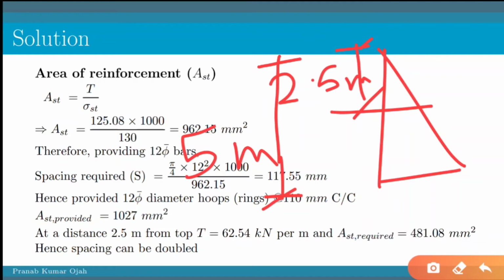That is, the hoop tension at the middle of the wall is half of the hoop tension at the bottom because of the triangular distribution of water pressure on the wall.